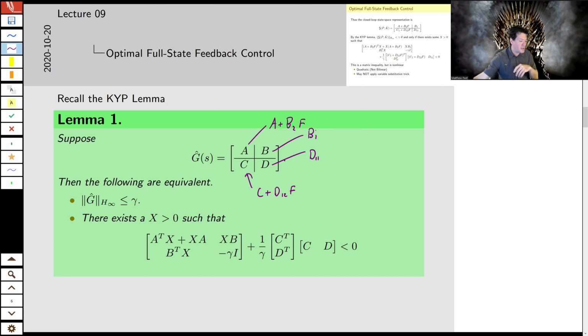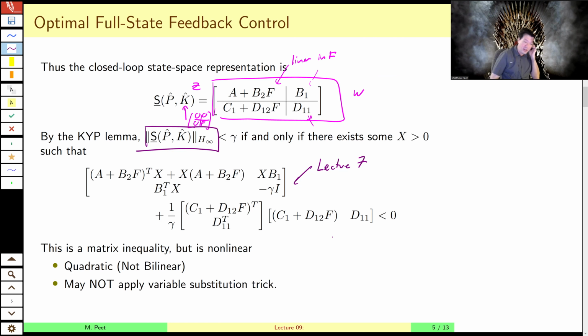So we just plug in those values into the Schur complement. This is C1, I believe. Yeah. So we plug those values in for A, and for B, and for C, and for D, and we get the expression, or the not LMI, right here.